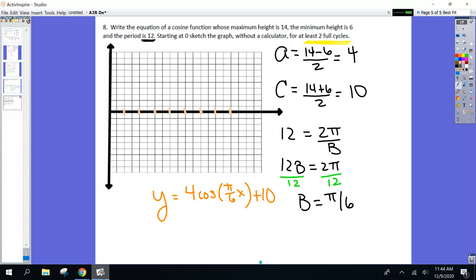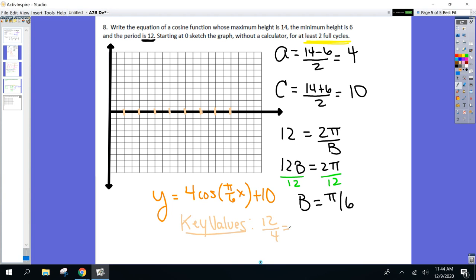Getting the key values. Yeah. How do you get the key value? Pi over 6 over 4. Ooh. Don't take the frequency. You take the period. Yeah, there you go. So 12 divided by 4.